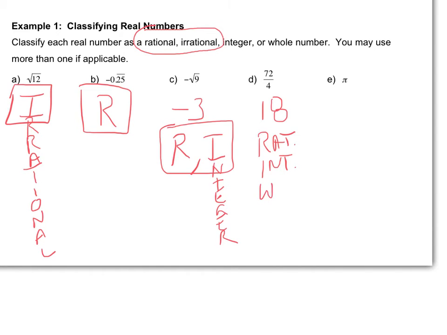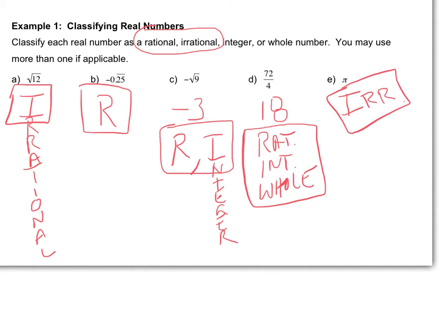It's also a whole number. So it's actually three of those: rational, integer, and a whole number. And then the last one, pi, the most famous of all the pis. Definitely irrational. And again, once I say that it's irrational, there is nothing else that I have to do.